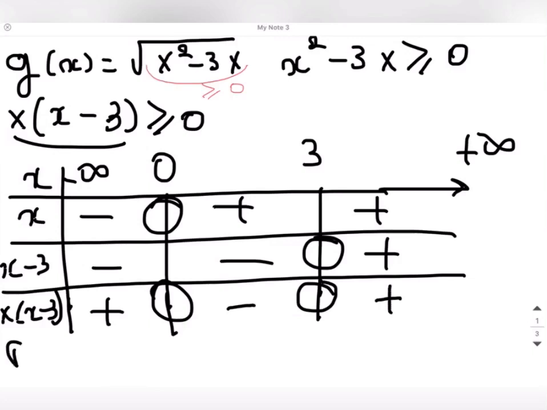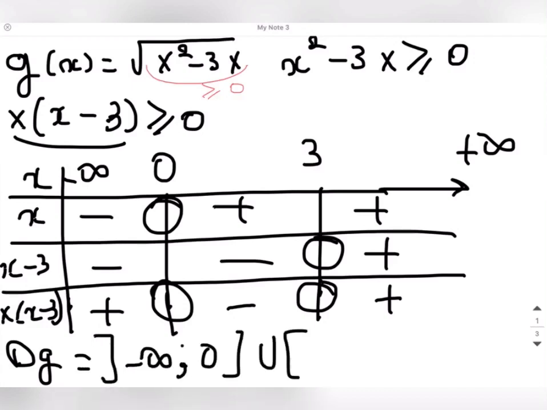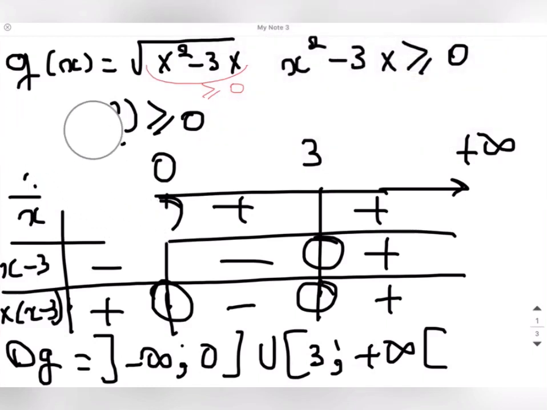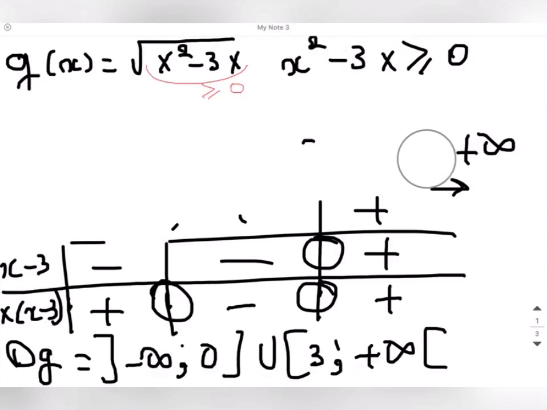So, the domain of g is minus infinity, 0 closed, union 3, plus infinity. Okay, so this is the domain. Okay, now we are going to determine the range of this function.